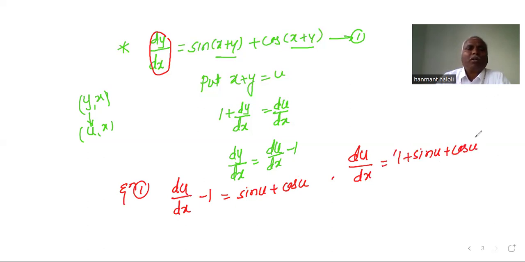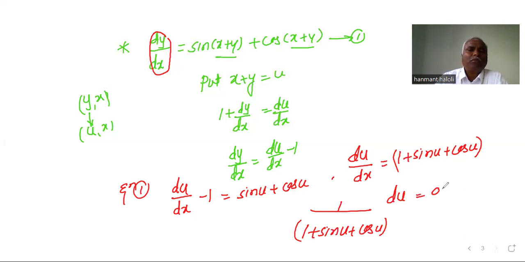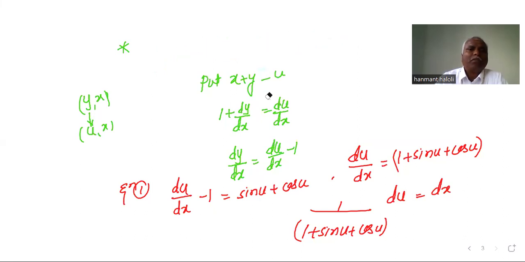Collecting all the u terms, you get 1 upon 1 plus sin u plus cos u into du equal to dx. Now how to solve such types of equations? I'll take care of it, then it will be easy for us to integrate.